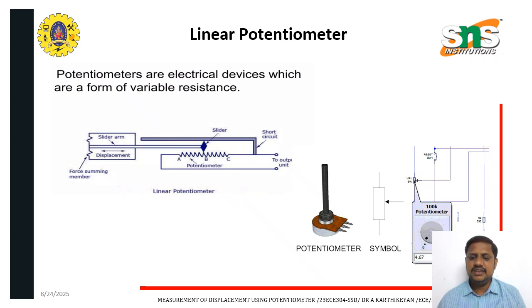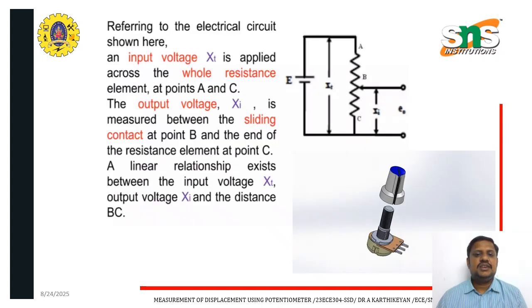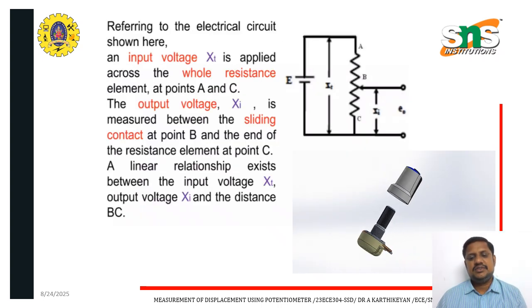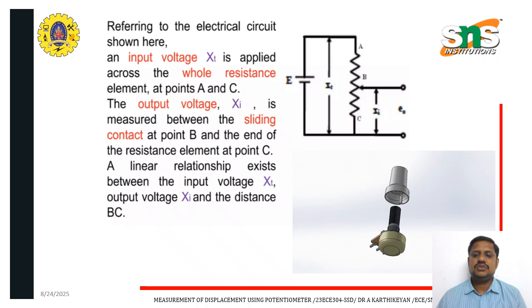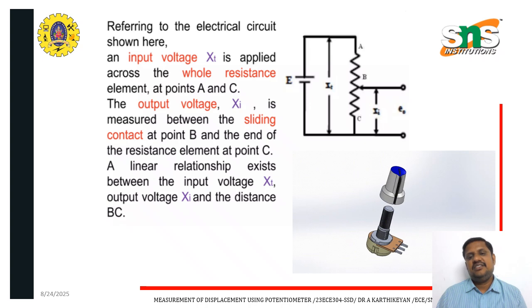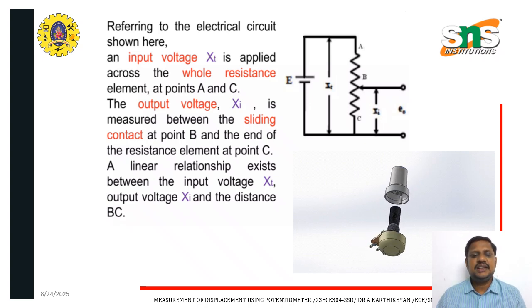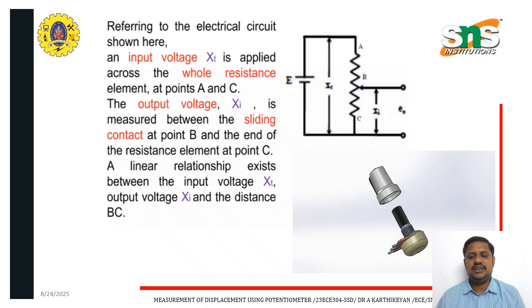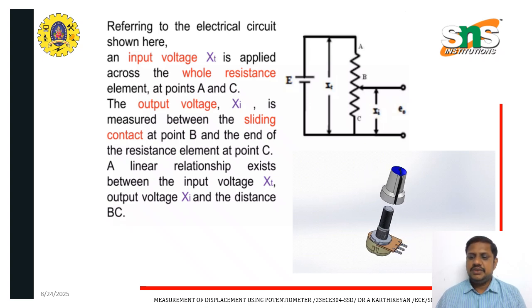Based on that, the potentiometer level varies. Next is the electrical circuit with the external source, where we fix the gauge at points A, B, C. Depending upon the gauge position, it produces the electrical output voltage. That is the main function. This is the three-dimensional view of the potentiometer.